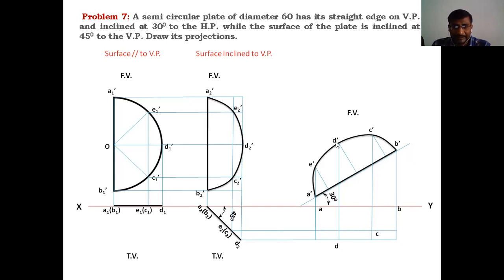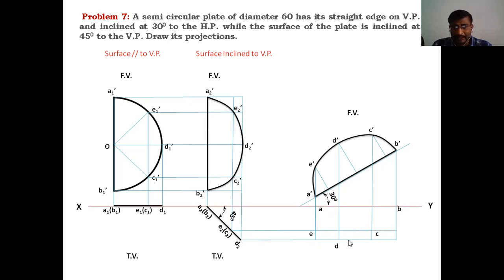This D point is the intersection between D dash and D2. The corresponding projection lines will intersect with each other, and those intersection points will be located as the corresponding points. Similarly, E is the point where the line drawn from E dash and the E2 line intersect.